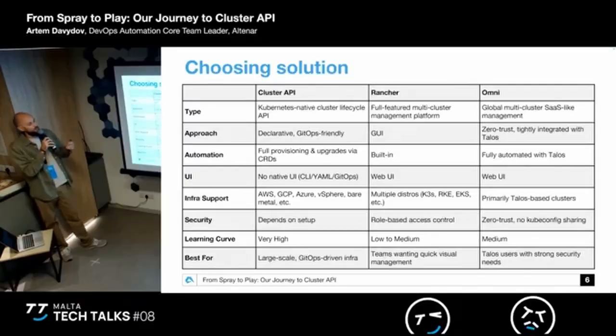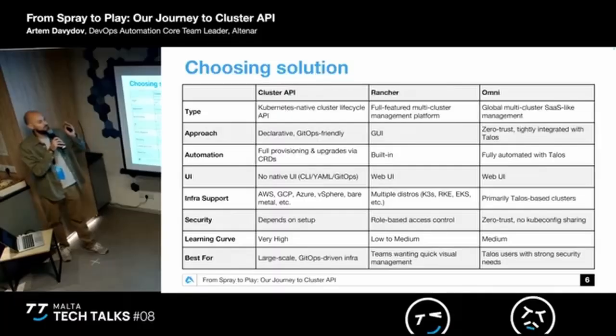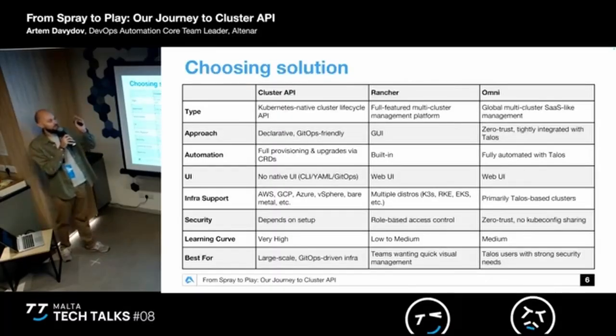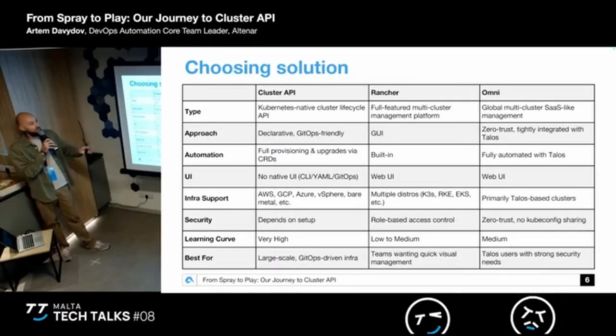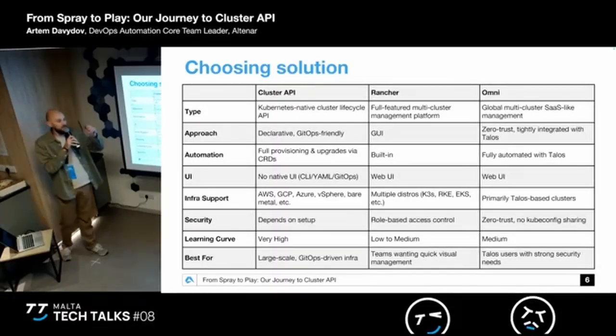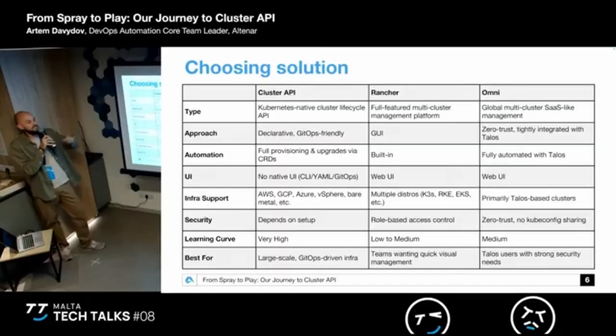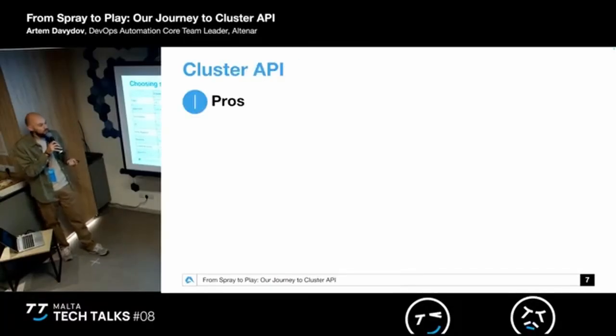And if we compare these technologies, Rancher doesn't have a GitOps approach. It currently has a GitOps approach only when you populate the clusters with the Helm releases which you want to install in it. Omni is a paid solution based on Talos, and we don't want to have another vendor lock.